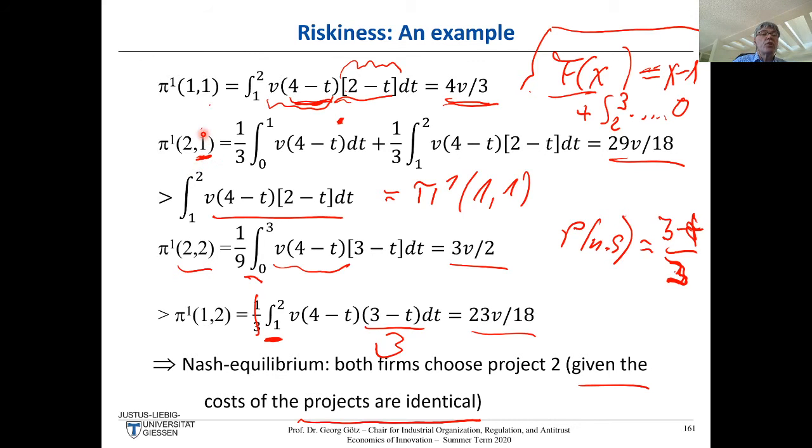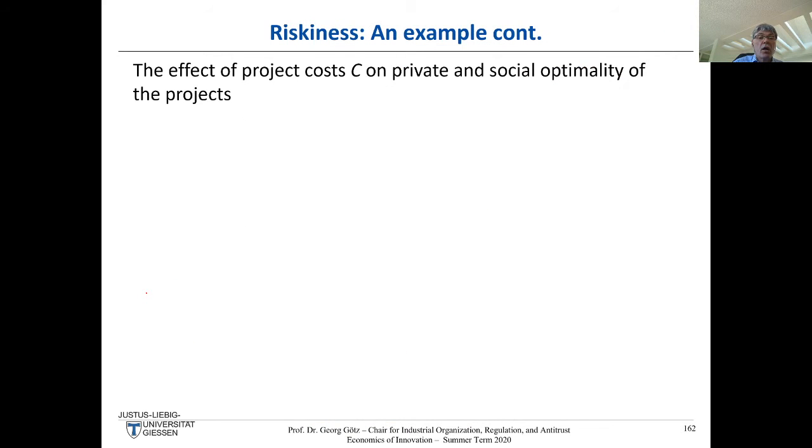Then choosing the safe technology gives you a lower profit than choosing the risky technology. And also if the rival chooses the risky project, it is again better for you to choose the risky project. That's our important result here: both firms will choose the risky project.